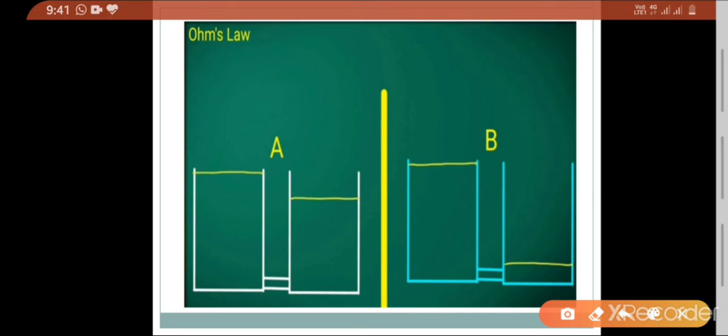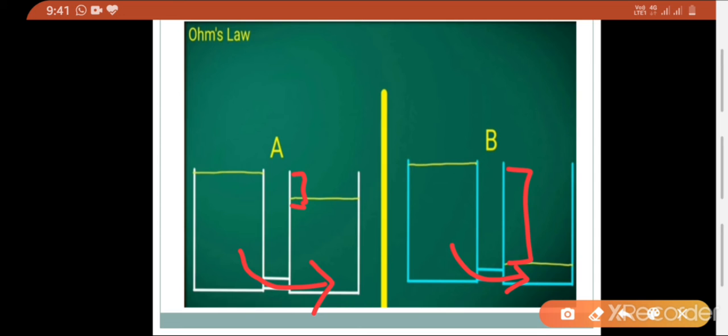So here the flow of water from container 1 to container 2 in setup A and in setup B will be different, and it depends on the level of liquids filled in both the containers. So same is the case with the potential difference. This level of water, we can assume as potential difference. This potential difference is less in setup A as compared to setup B.